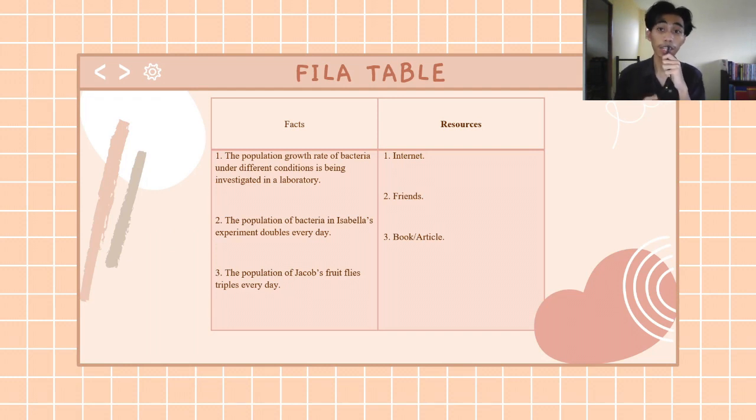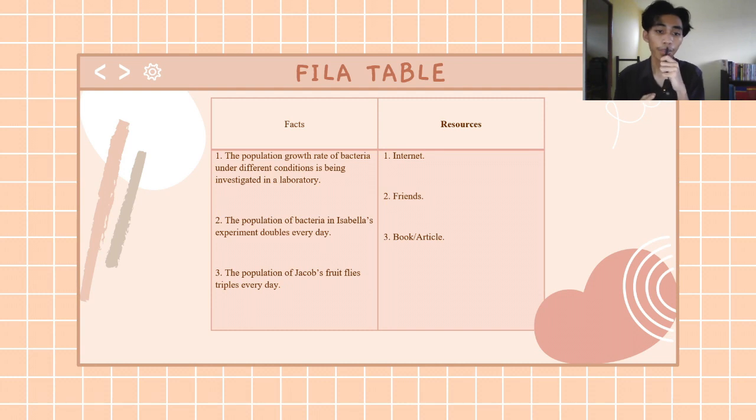For the PBL table, the facts that we got in these problems are, first, the population growth rate of bacteria under different conditions is being investigated in a laboratory. The second one is the population of bacteria in Isabella's experiment doubles every day.